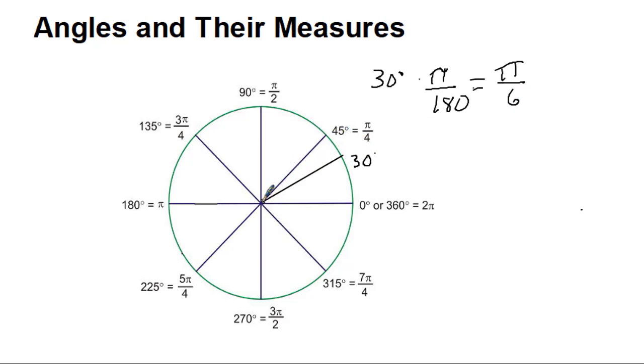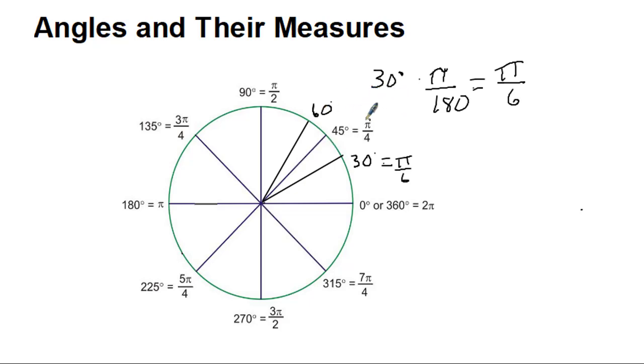Then what is going to be the other number? Well, the next line needs to be, which degree needs to be here. If this is 30 degrees and we add 30 degrees, we are going to have 60 degrees. If 30 degrees is equal to pi divided by 6, then 60 degrees is equal to what?